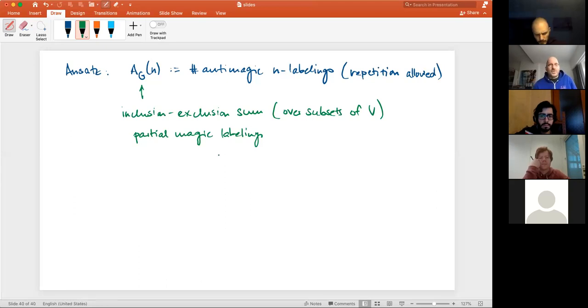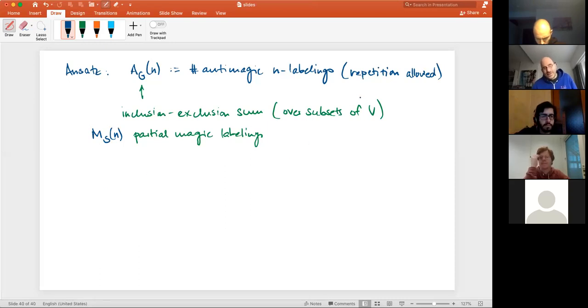So that really suggests that now I should count those. So maybe this is like a sum, m for magic. This really depends on the graph, but it also depends on a subset.